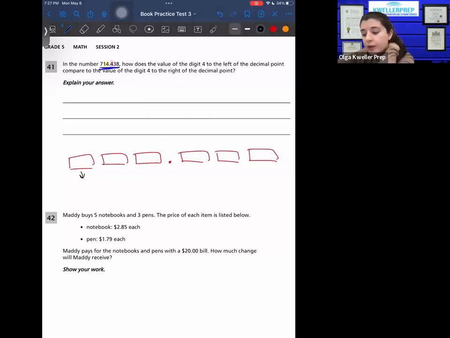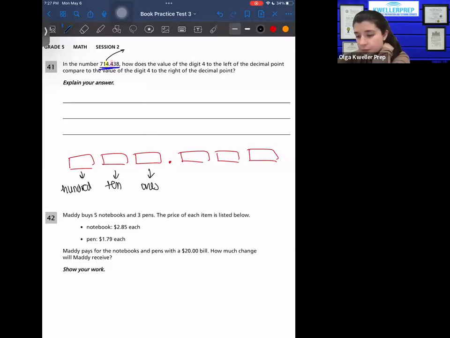So we went over values in a normal number, right? We said this is 100, this is 10, and this is 1, right? So we know that this 4 is which place? So that 4 is in the ones place, right?